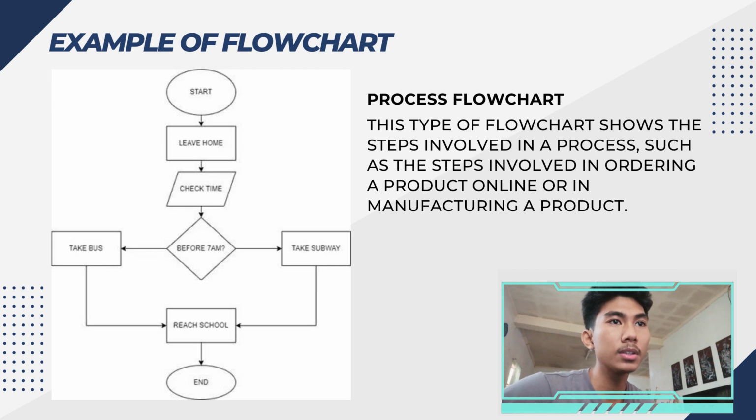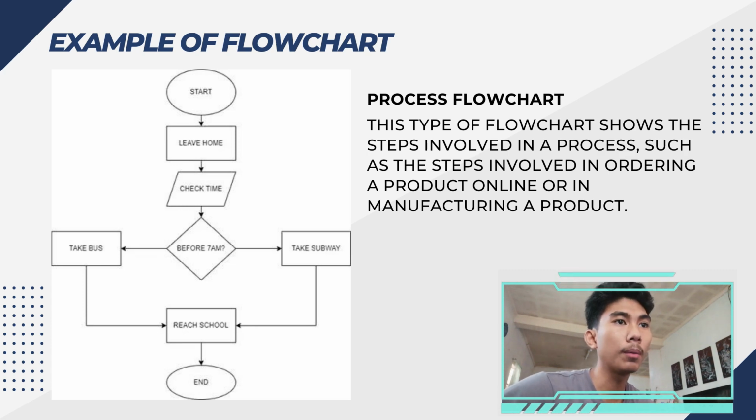So, the process flowchart. A process flowchart is a graphical presentation of a business process or workflow that shows each step involved to complete a task. It is used to document, analyze, and improve processes. Each step in the process is represented by a symbol, such as a rectangle for a process or a diamond for a decision.